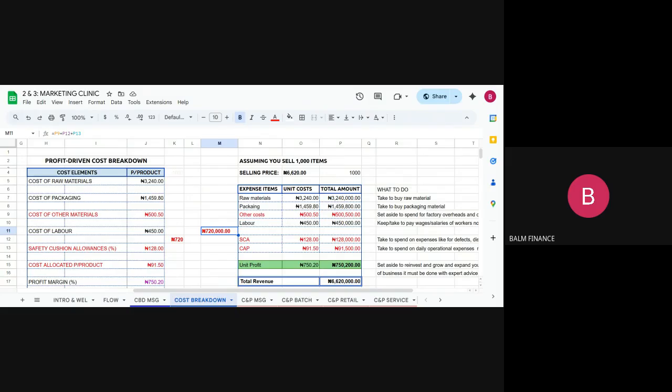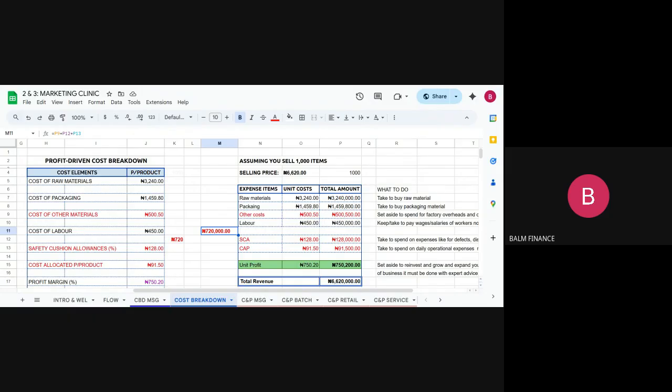There are defective goods, there's theft, spillages, batches getting spoiled. You spend from this 720, right? And there are overheads.